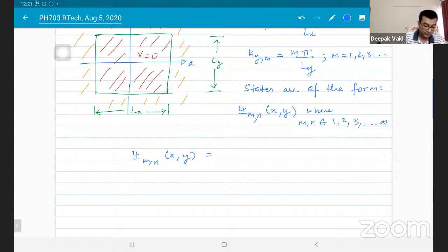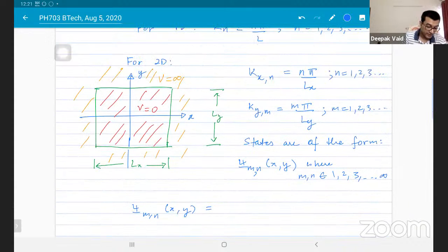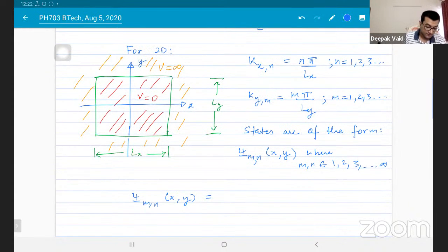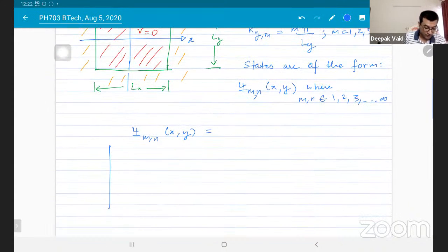So for simplicity, what we will do is we will take our box and we will move it so that one corner of the box is at the origin of our coordinate system. So if we do this, then we can write down our states in a very simple manner.